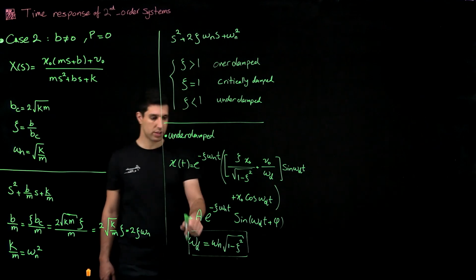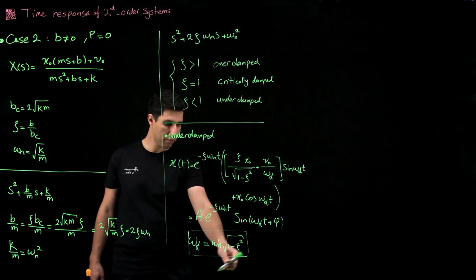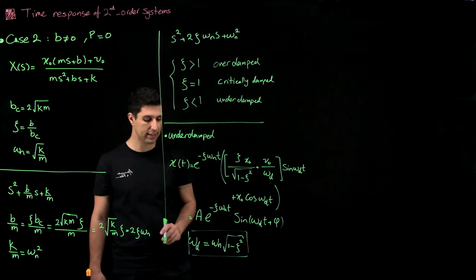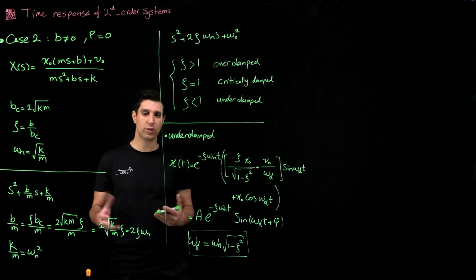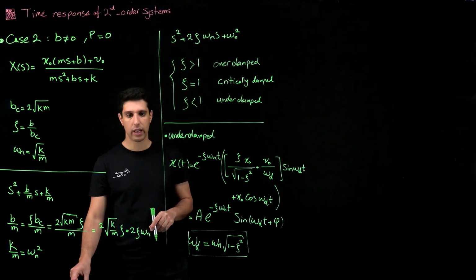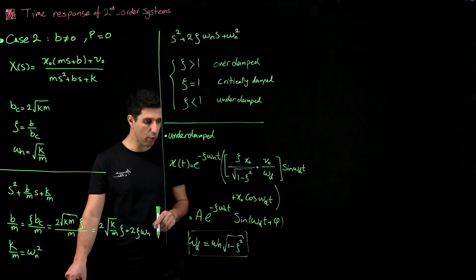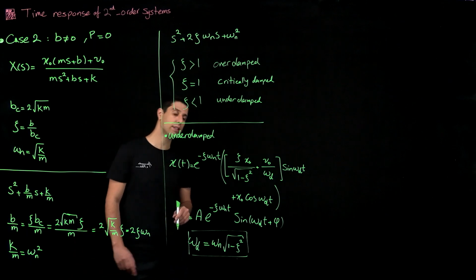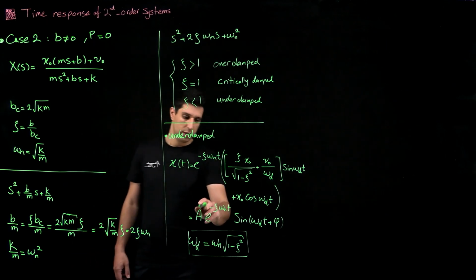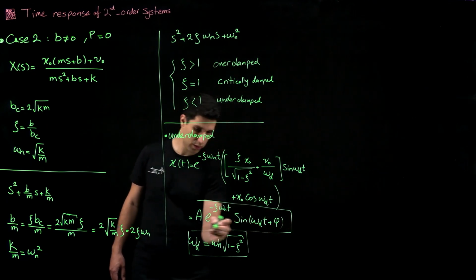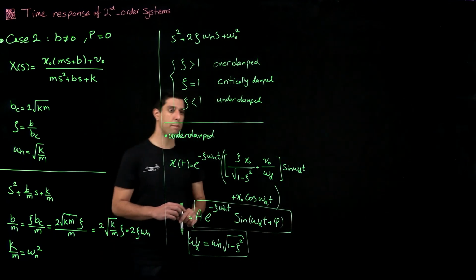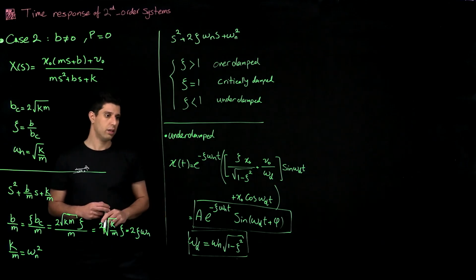So my frequency will be scaled by a number less than 1, which makes sense. If you add resistance to the system, it does not like to go as fast or oscillate as fast. So this, let me draw a box around this one as well. This is the underdamped oscillation.